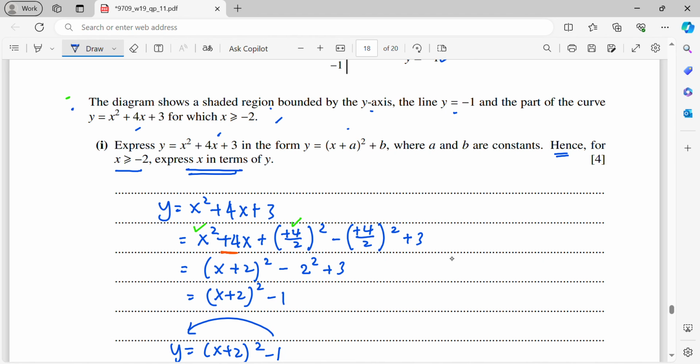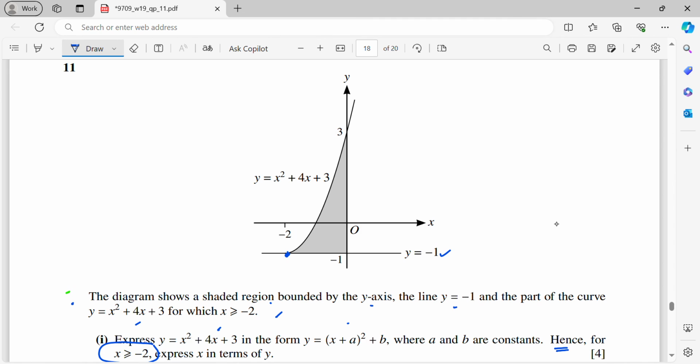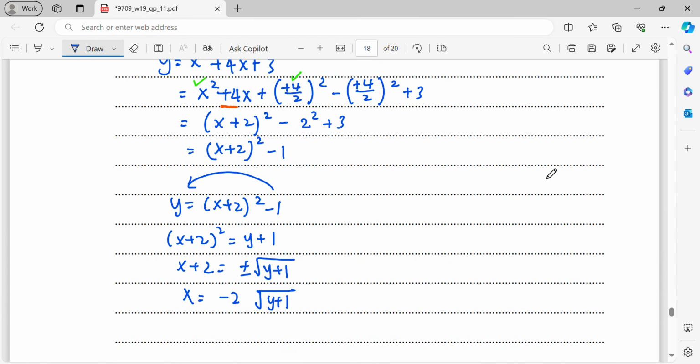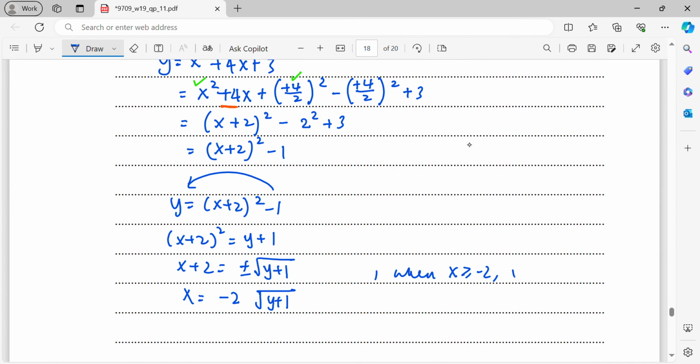Look at here. Your x is greater than or equal to -2, and your y value is greater than or equal to -1. So when x is greater than or equal to -2, my y is greater than or equal to -1. So this is actually the domain, and this is the range. The domain for the graph is the range of the inverse function.